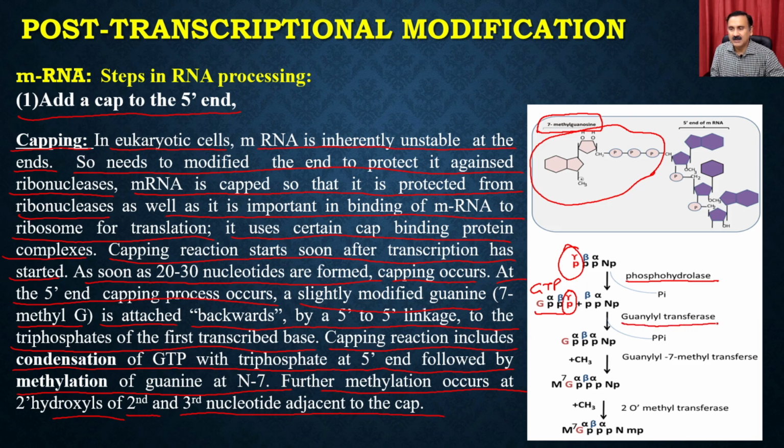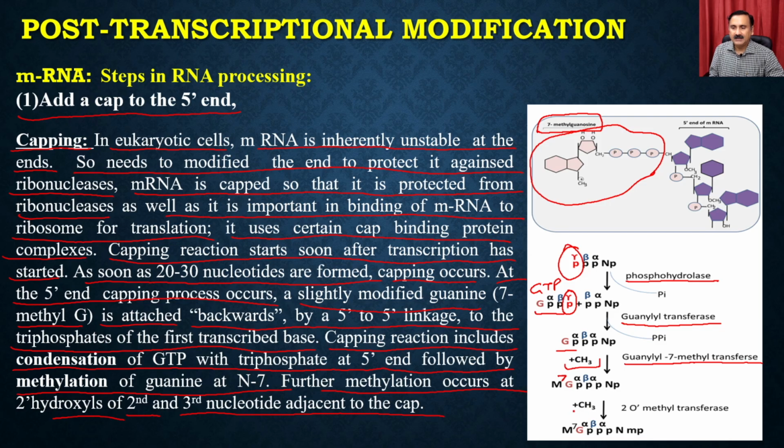Because of the guanylyl transferase, this guanine is going to be connected to the RNA molecule to form the cap, and then this cap is going to be methylated with the help of an enzyme called guanine 7-methyl transferase, and then this methyl is going to be attached to the guanine.